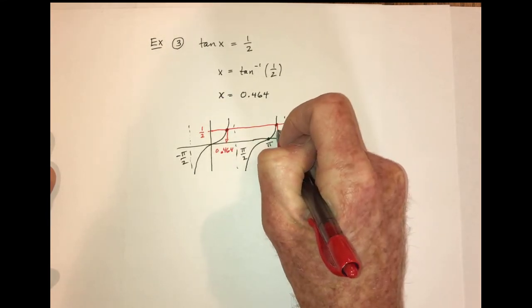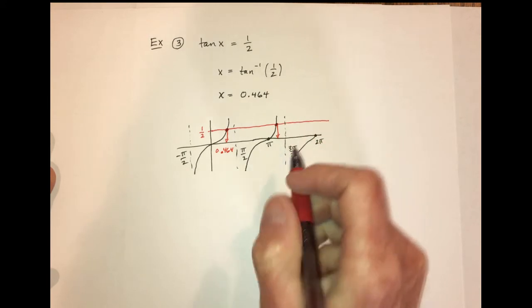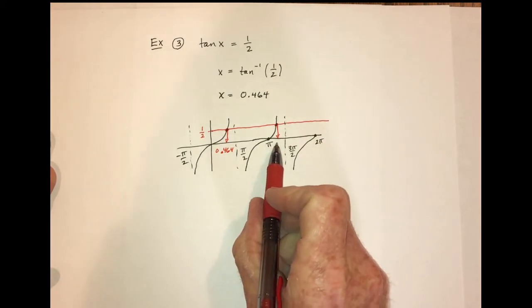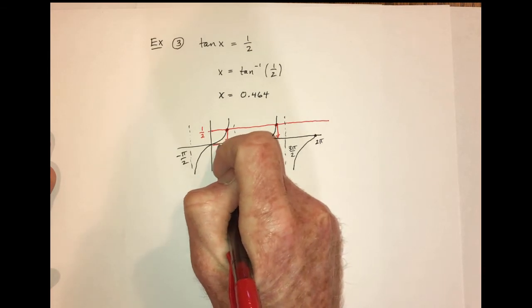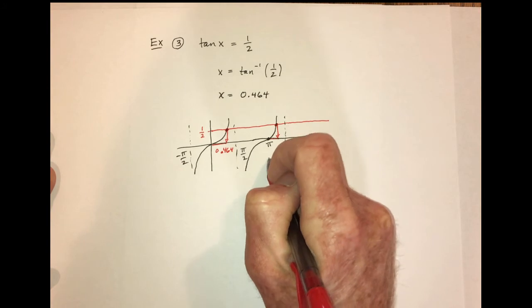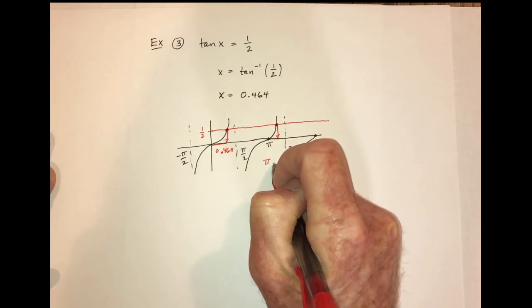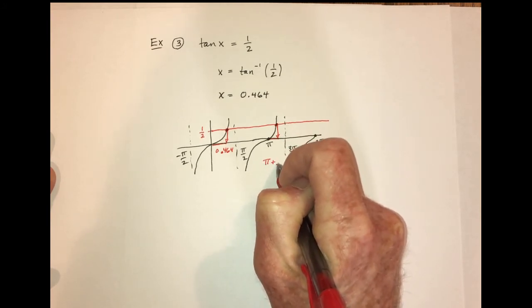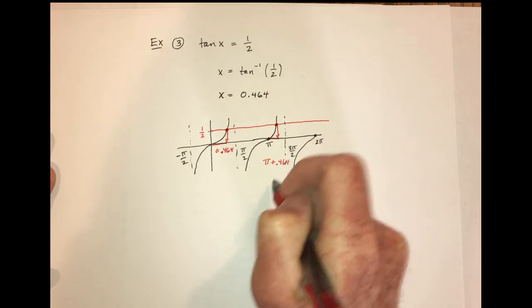And then what about this one? Well, this one is to the right of pi. And again, use the idea of symmetry that this length and this length are the same. So that means this one is to the right of pi, so it's going to be pi plus 0.464.